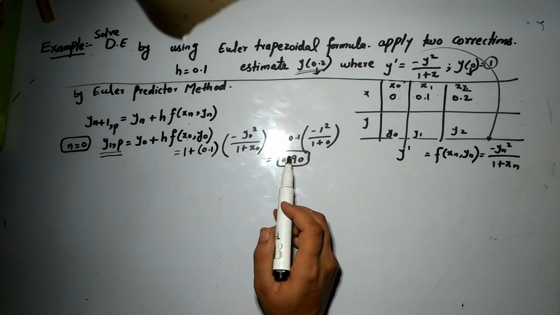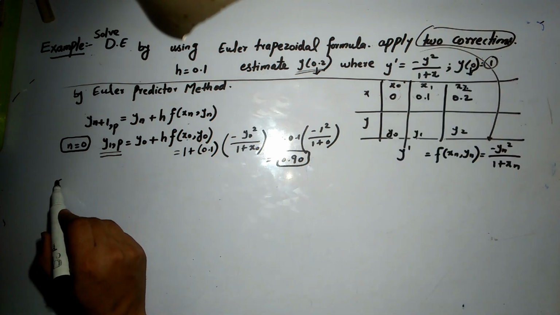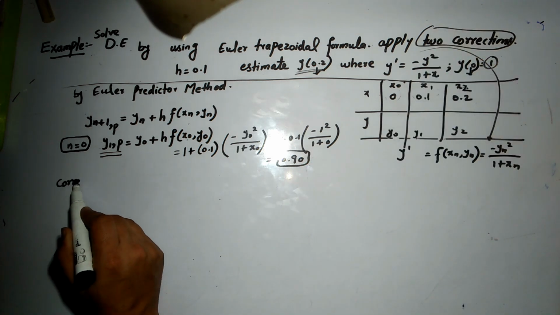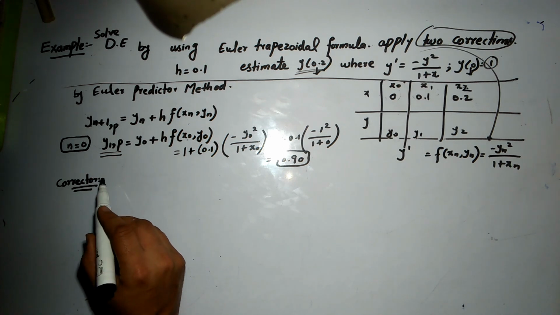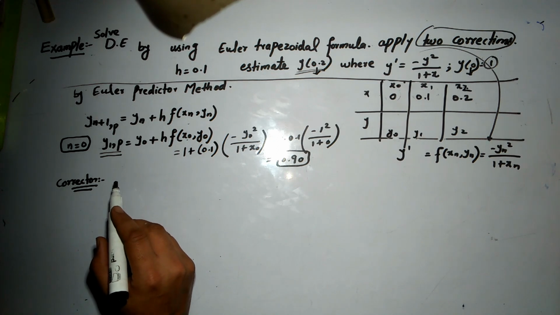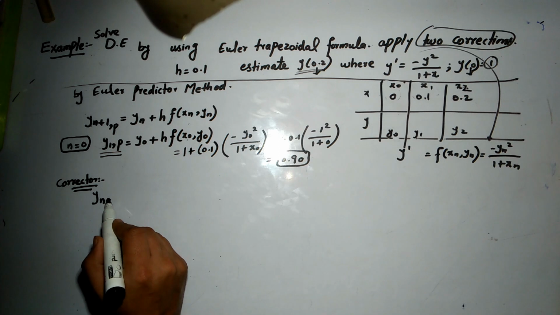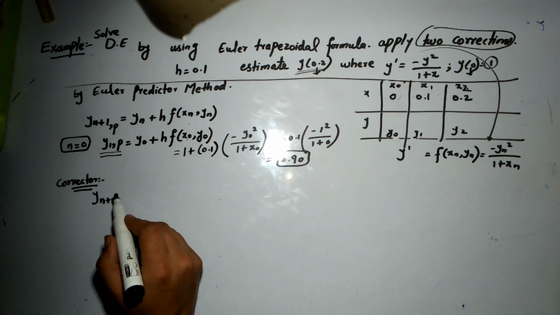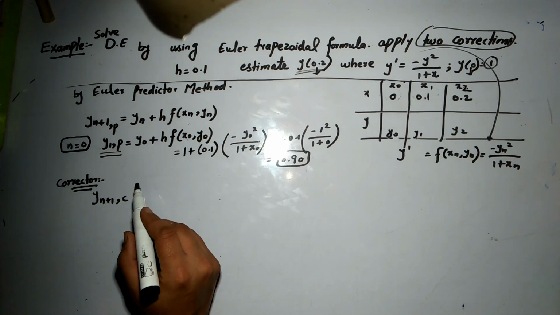Now if we want to apply correction, the corrector formula is the Euler trapezoidal corrector formula, y_{n+1}. This is the formula we proved in the previous part of this lecture.